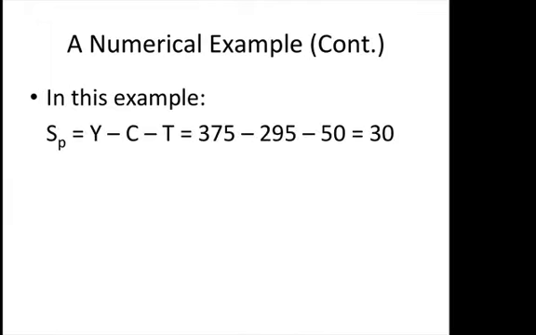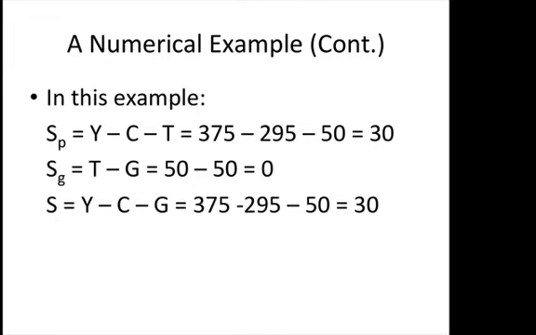Okay, so in this example, what's private saving equal to? That's Y minus C minus T, which is 375 GDP, less 295 consumption, less 50 taxes, so private saving was equal to 30. What was government saving equal to? Net taxes equaled 50 and government purchases equaled 50, so government saving was 0. In other words, the government budget was in balance.